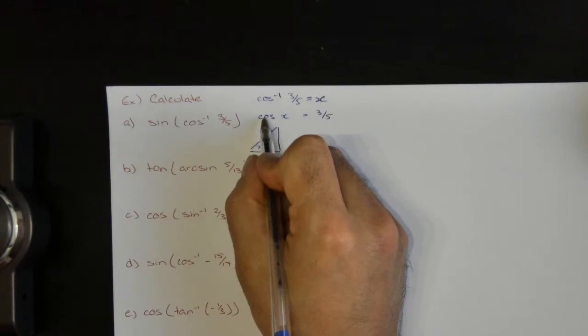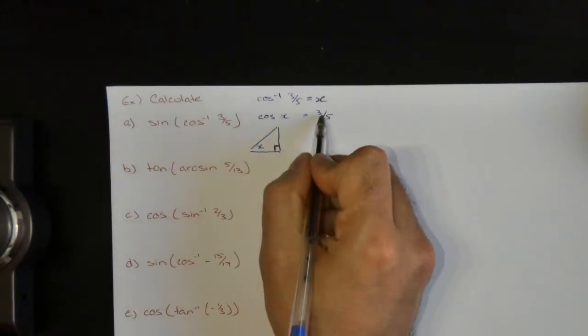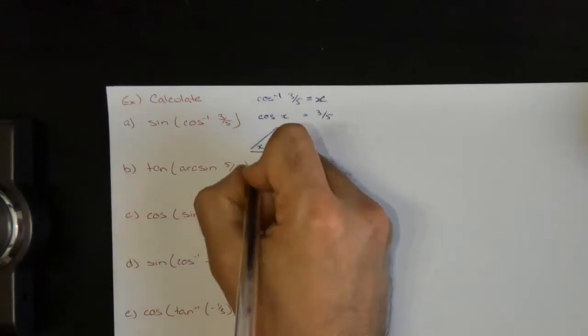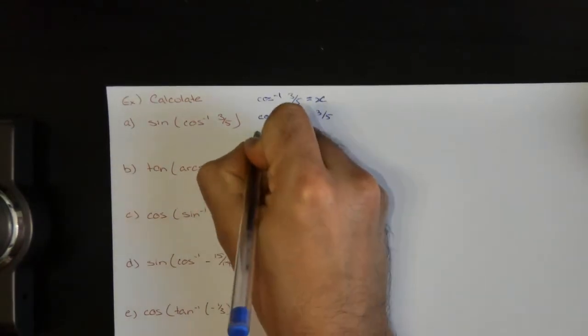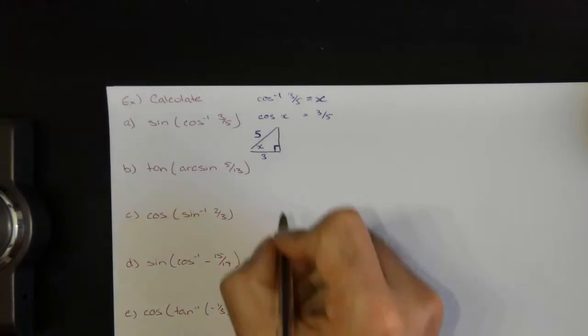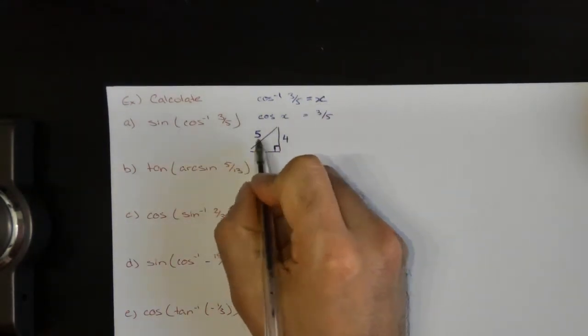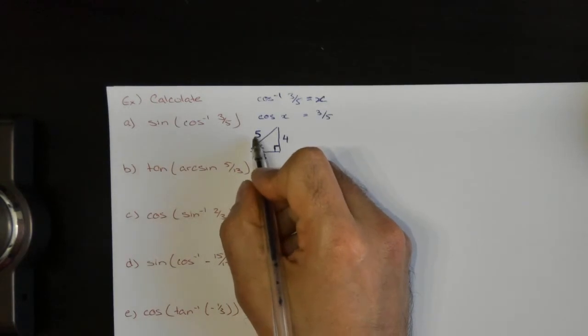Now it's a cos function, so I draw a right angle triangle. My adjacent is 3, my hypotenuse is 5. Using Pythagoras' theorem, I can figure out that this is 4, since 4 squared plus 3 squared equals 25, and the square root of 25 is 5.